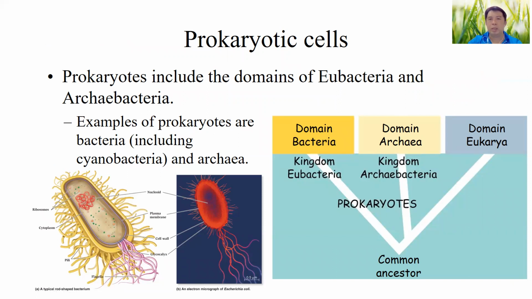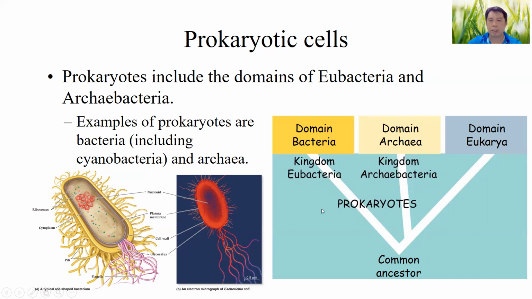Prokaryotic is an adjective, used in prokaryotic cells. If you want to refer to the organism, the noun, we call it a prokaryote. So prokaryotes include the domains of eubacteria and archaebacteria.